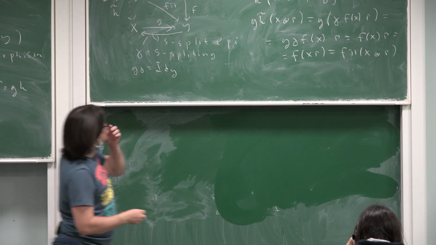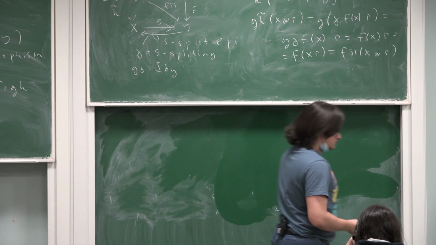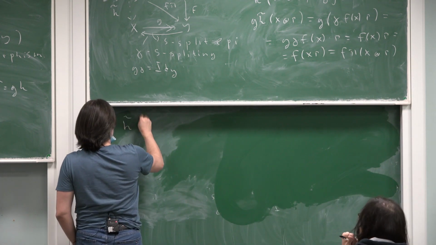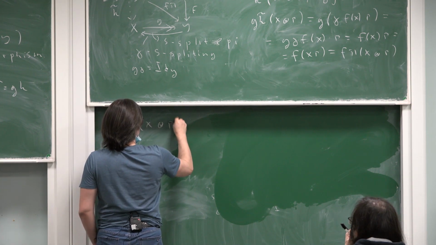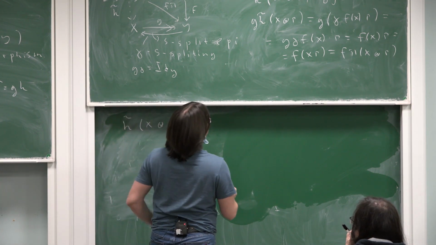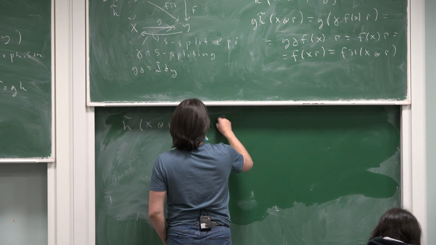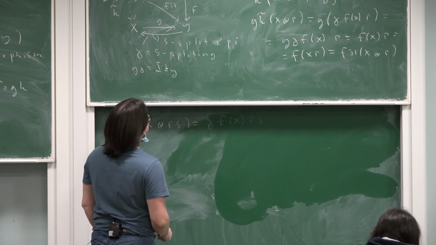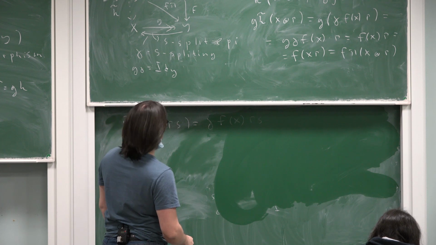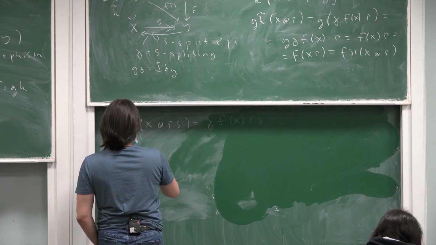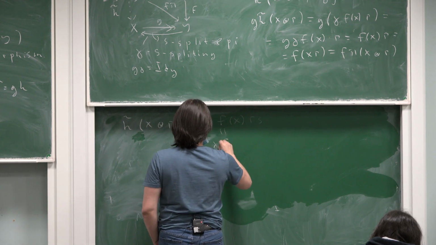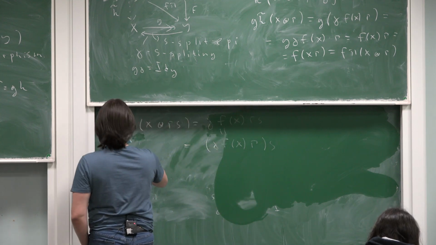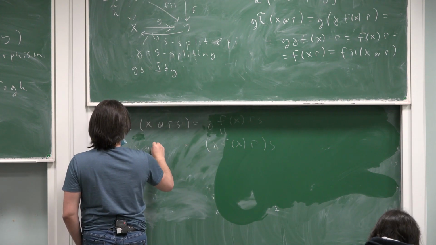Now we need to check that it is a homomorphism of R modules, and it is clear because H tilde of x tensor rs is by definition gamma f of xrs, which is H tilde of x tensor r, times s.